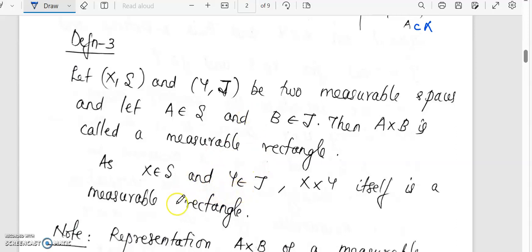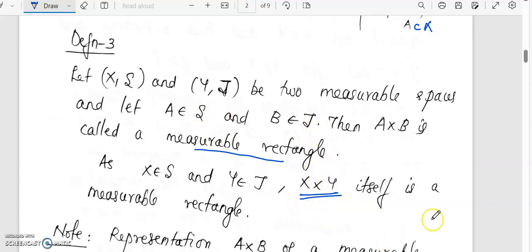A rectangle formed this way is called a measurable rectangle. So if A belongs to script S and B belongs to script J, then A cross B is called a measurable rectangle. Also we can see that X cross Y, where X will belong to script S and Y will belong to script J.